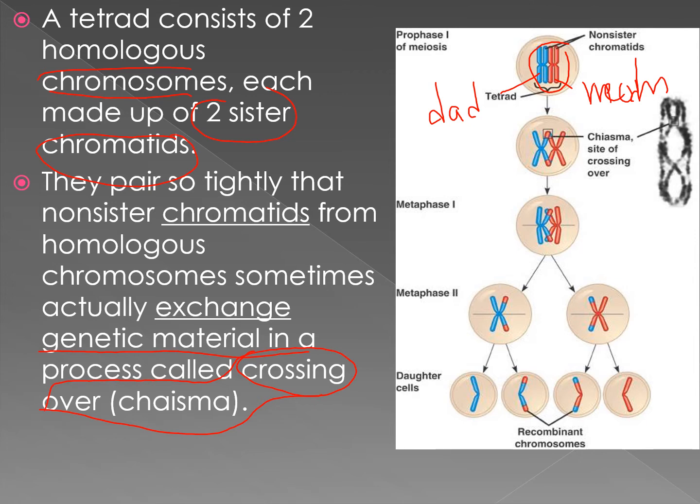If you notice right here, this is chiasma because it's the site of crossing over. You now notice that the blue has a red tip and the red has a blue tip because they crossed over. So basically, remember, meiosis is sex, right?